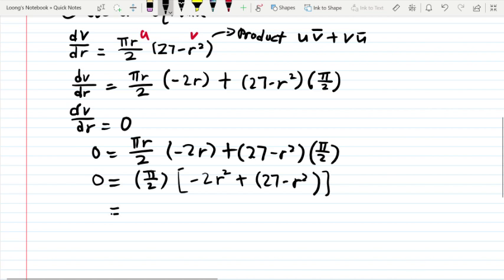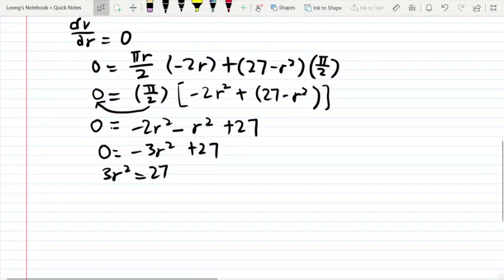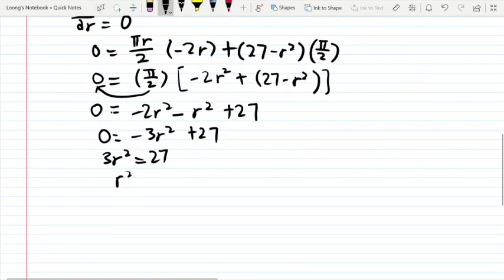After that, we just move this here, 0 multiplied by π over 2 is also 0, and negative 2r² subtract r² plus 27 is negative 3r² plus 27, and 3r² equals to 27, and r² is 9. So this makes r equal to plus minus 3.